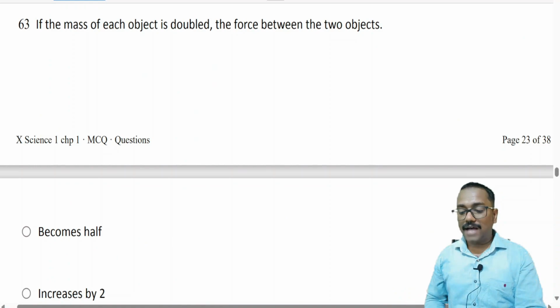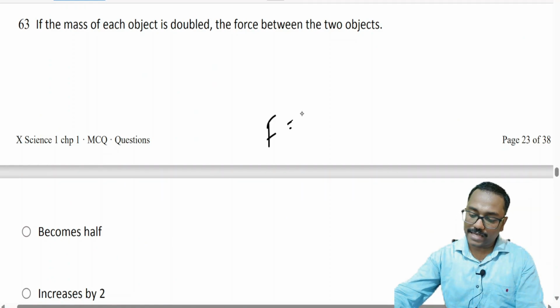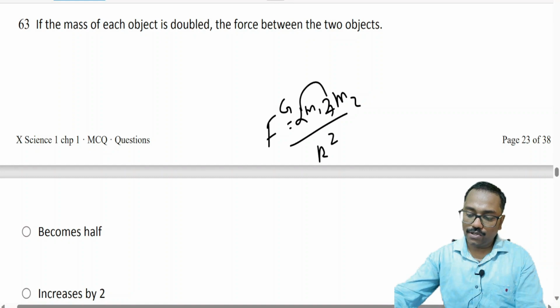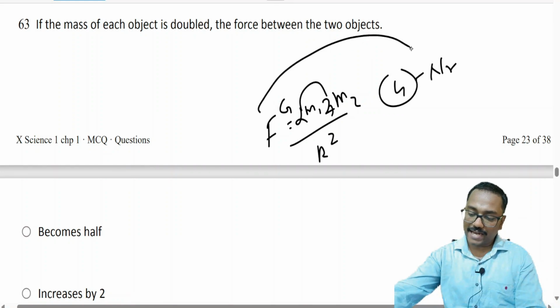63rd, if the mass of each object is doubled, that means in place of m1 you can write 2m1 and in place of m2 you can write 2m2. Here already G is there upon r square, right? So here 2 into 2, it becomes 4 and it is in the numerator, right? So force is directly proportional here.